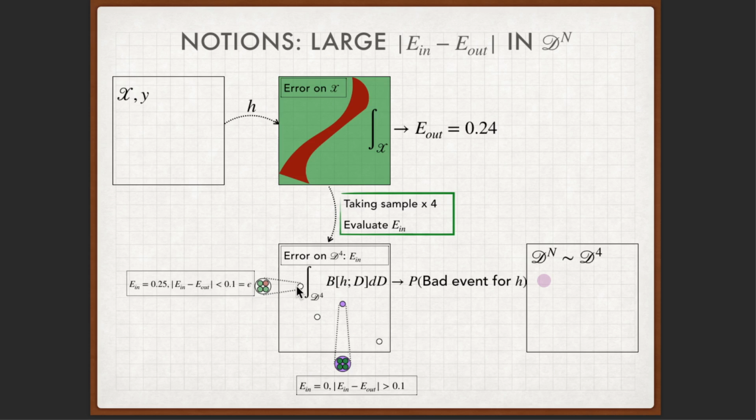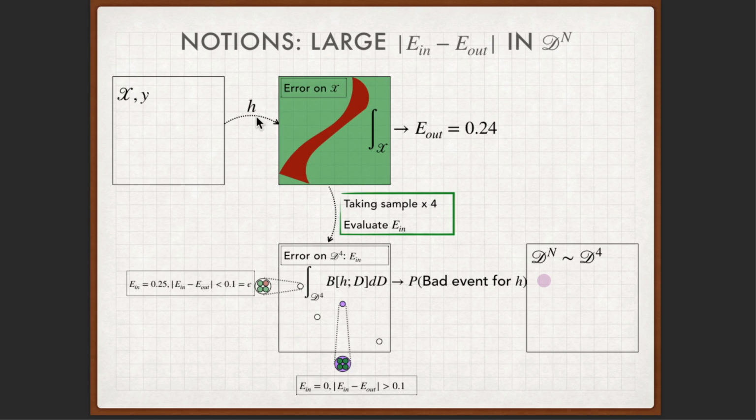Then for any data set in the sample space of D to the power 4 that contains 4 training samples, if it happens that the evaluation of this hypothesis has 1 error, then the evaluated in sample error will be 0.25, which satisfies our tolerance, and we consider that a good data set for the purpose of evaluating this hypothesis.